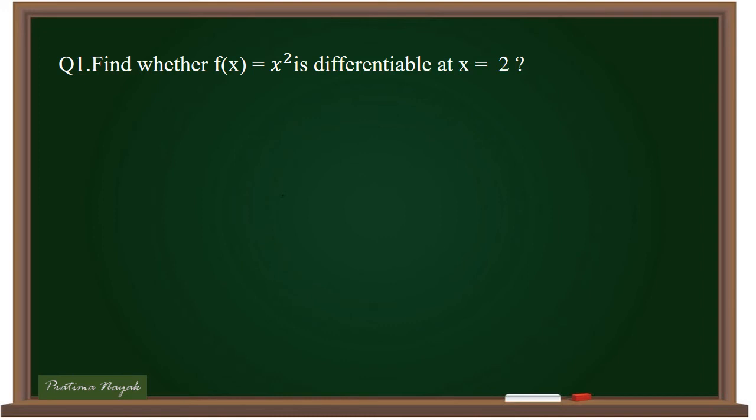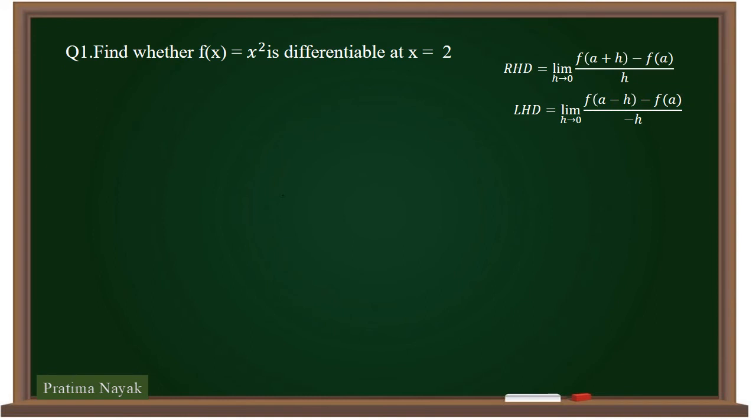So this is a very simple question. You will recall the fact that this is RHD and second one is LHD. We will see whether they both are equal to each other or not.